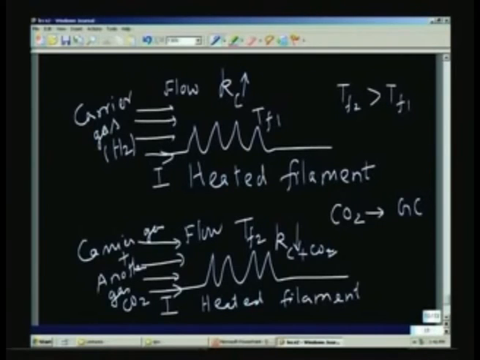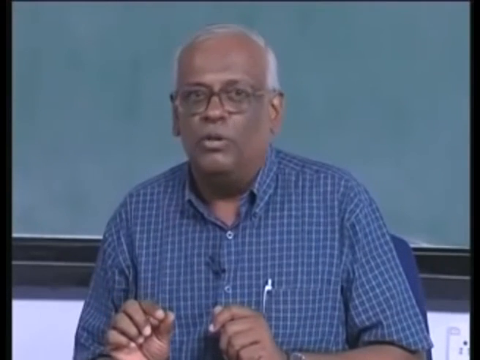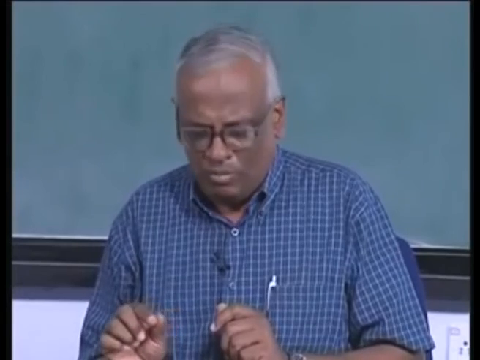Therefore, because the temperature changes and because the resistance of the heater element is dependent on the temperature, it is just like an RTD, or resistance temperature detector. The temperature changes, so the resistance will change, and because the resistance changes, the bridge will go out of balance, and the out of balance voltage, which is a small value, can be amplified and it will be proportional to the concentration of the CO2.